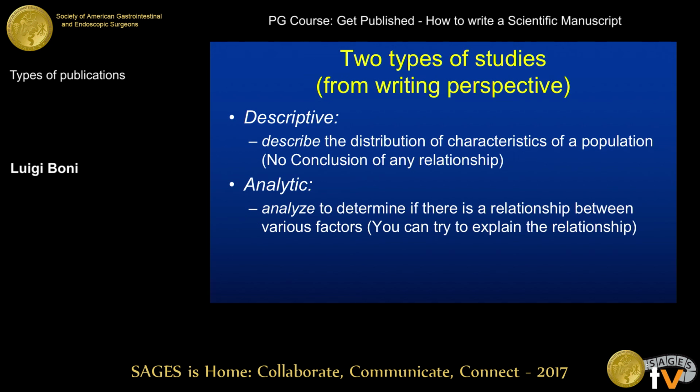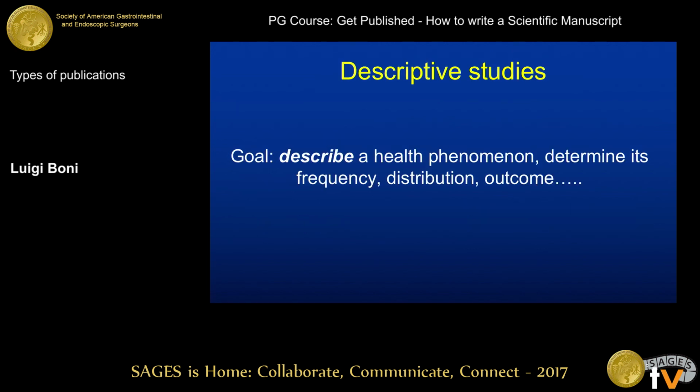You cannot be sure that you're concluding something about the relationship between one thing and the other. Or you can have an analytic study that tries to find a relationship between different factors. Then you can try to explain this relationship, and you can draw some conclusions.